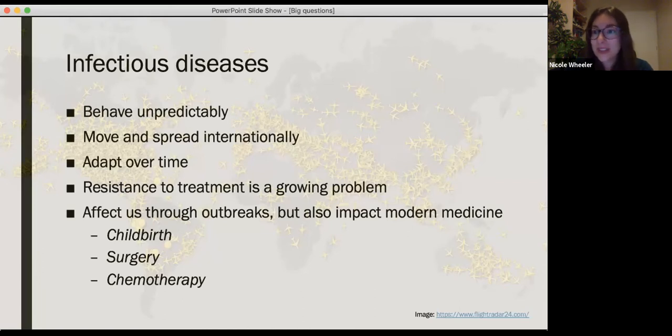A lot of advances like much safer childbirth, invasive surgery and chemotherapy really rely on our ability to prevent and treat infections. And if we lost that ability through antimicrobial resistance, we'd really have to rethink the risks posed by these different practices. And modern medicine could change quite fundamentally.